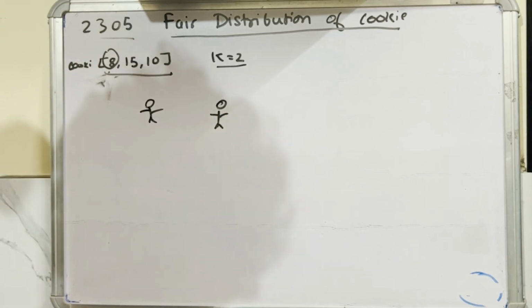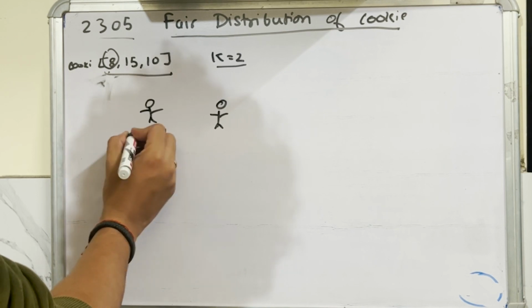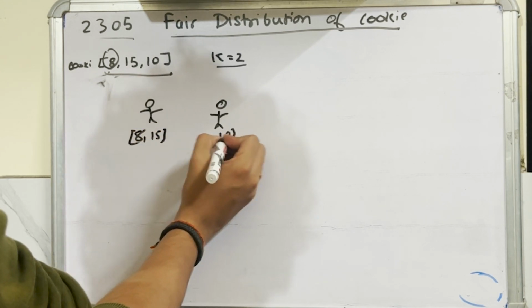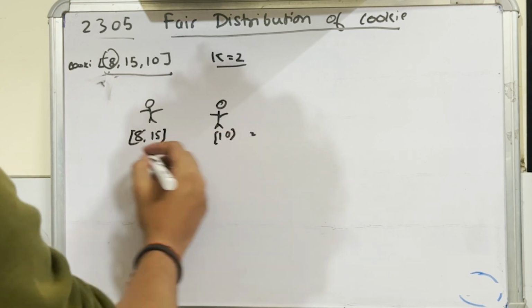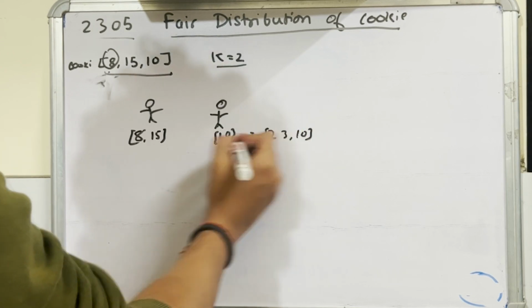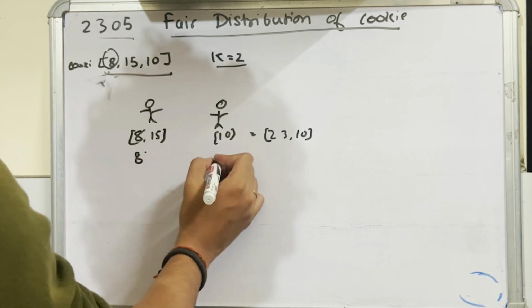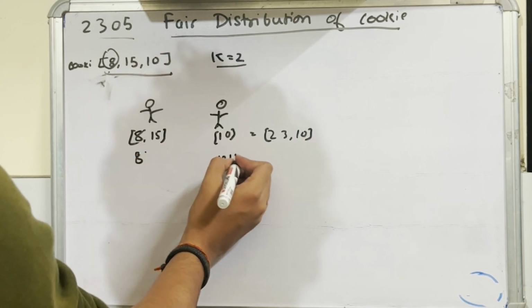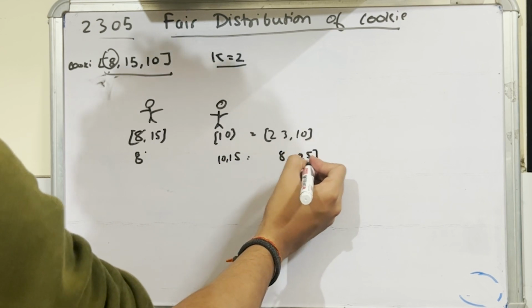So there are certain ways that we can distribute cookies. For example, we can give 8 and 15 to one child, and 10 cookies to the other. That will make 23 and 10. The second possible combination is 8 to this guy, and 10 and 15 to the other guy, which will make 8 and 25.